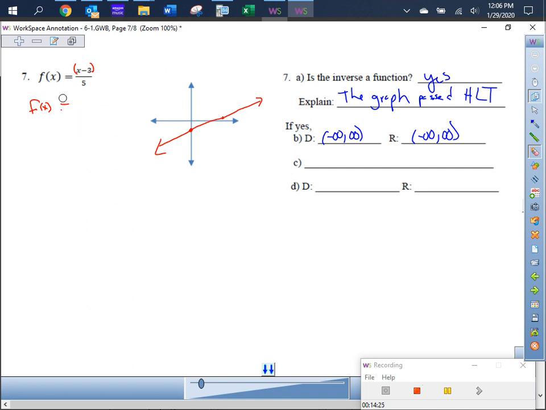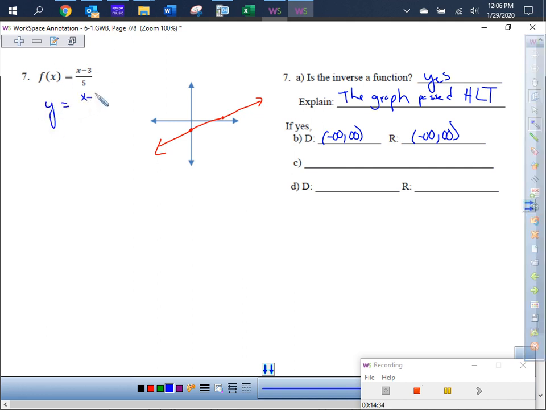So we'll do the 4-step process. I do like this version better with the all over 5 to do that. So step 1, change f of x to y. Step 2 is the true inverse step. That's where you switch x and y around. Doing a little reverse. Step 3, solve for y. So we'll do that.